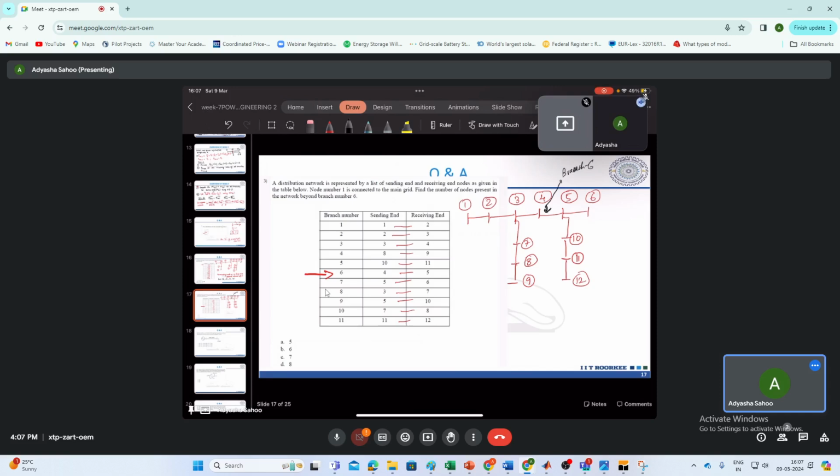So how many nodes are present beyond branch 6? This will be all these sets of nodes: bus 5, 6, 10, 11 and 12.